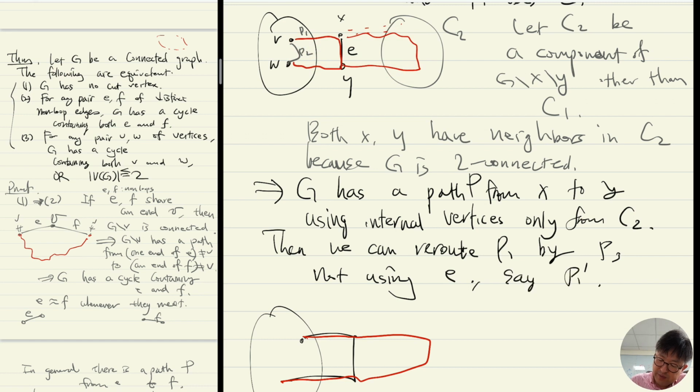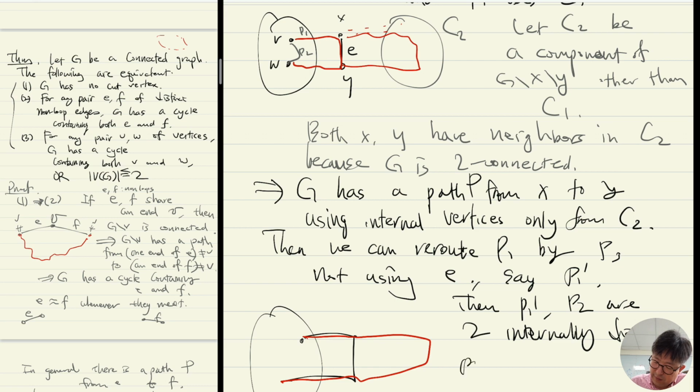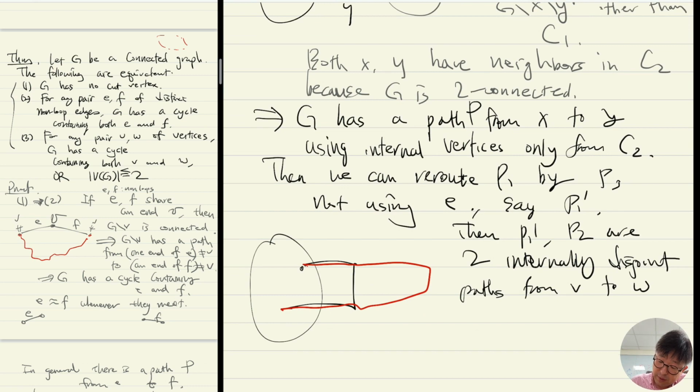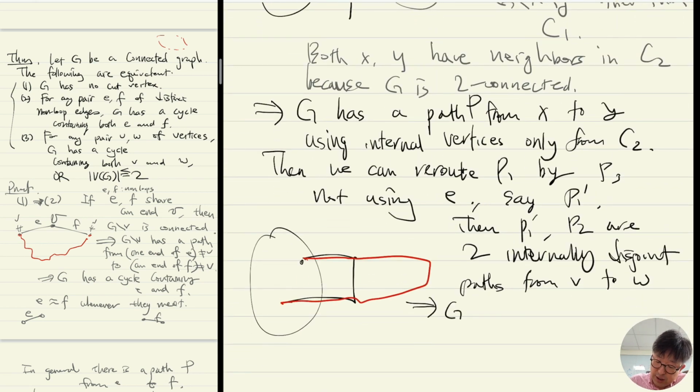So let's say this is P1 prime, then P1 prime and P2 are two internally disjoint paths from v to w. So that means G is 2-connected.